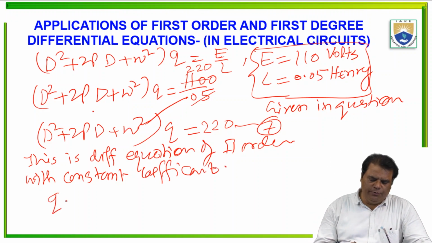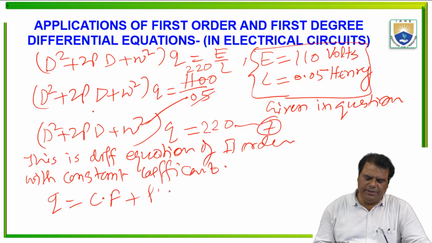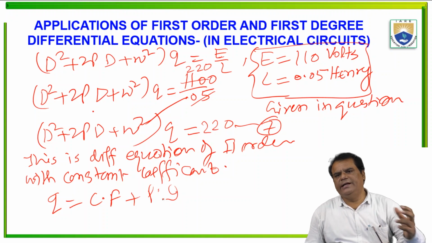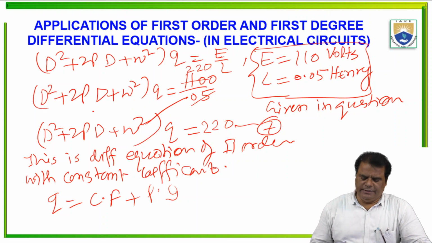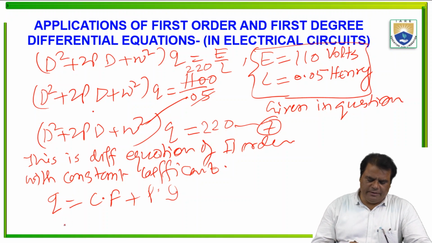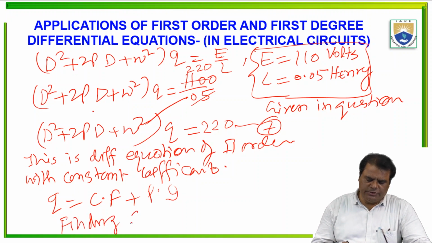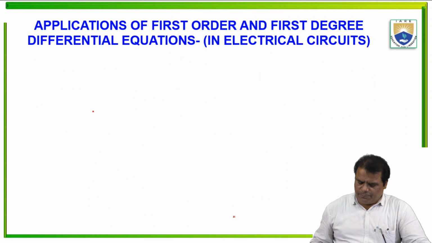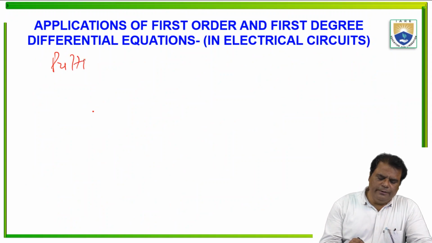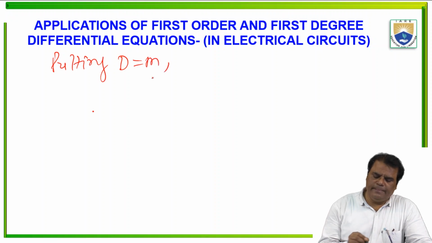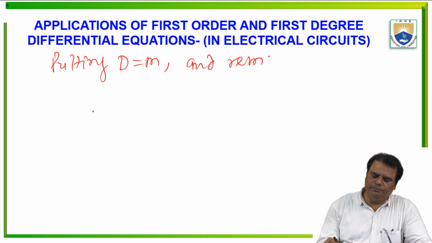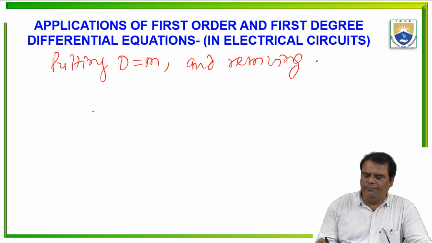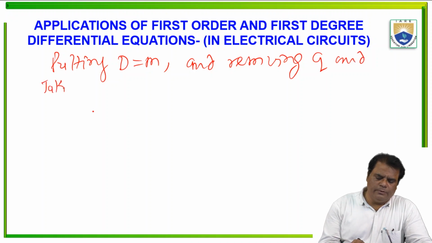Now here the value of q is CF plus PI, particular integral. First we find CF and then we find PI. So finding CF of equation 7, putting D equal to small m and removing q, and taking RHS equal to 0.